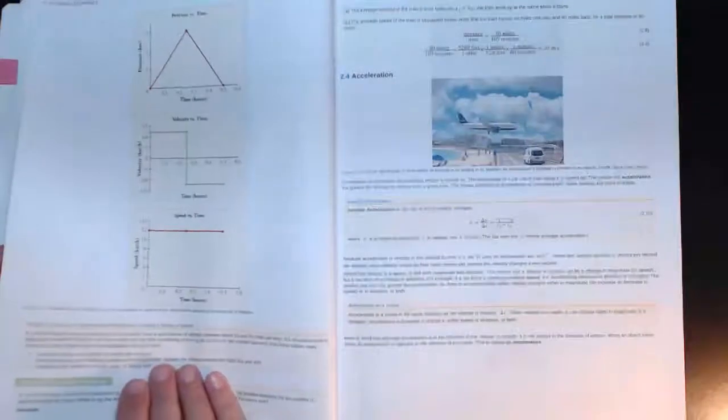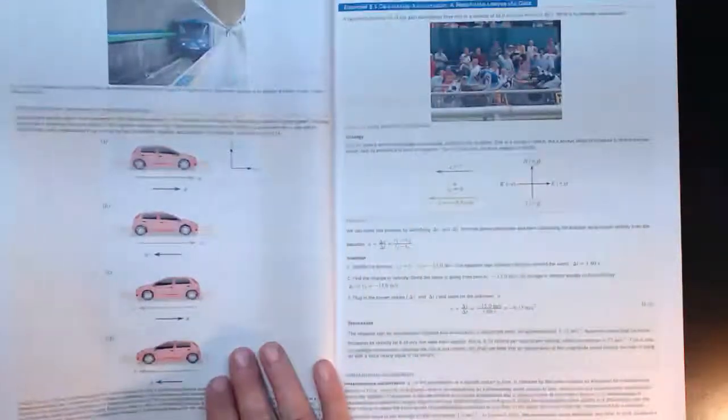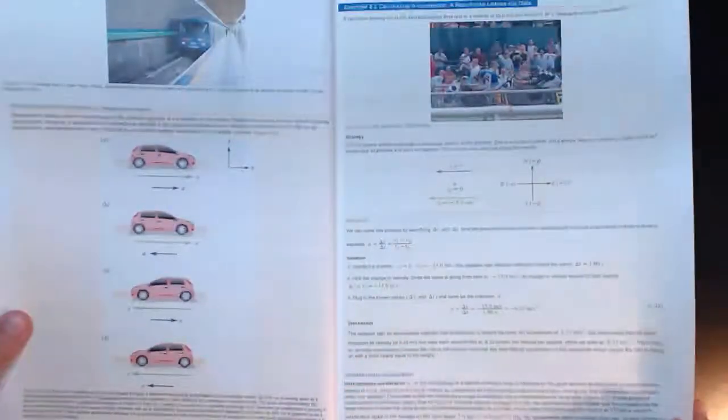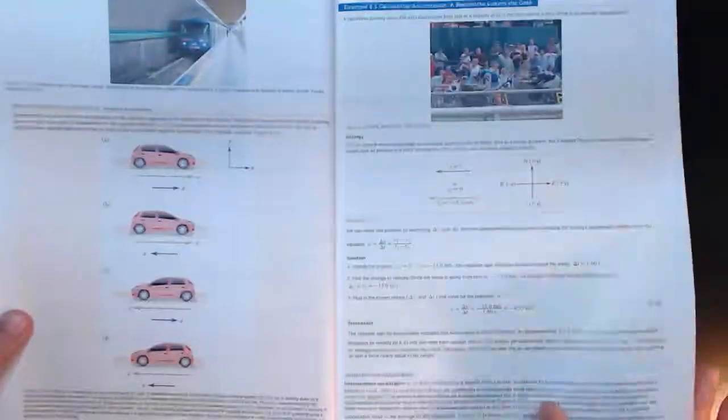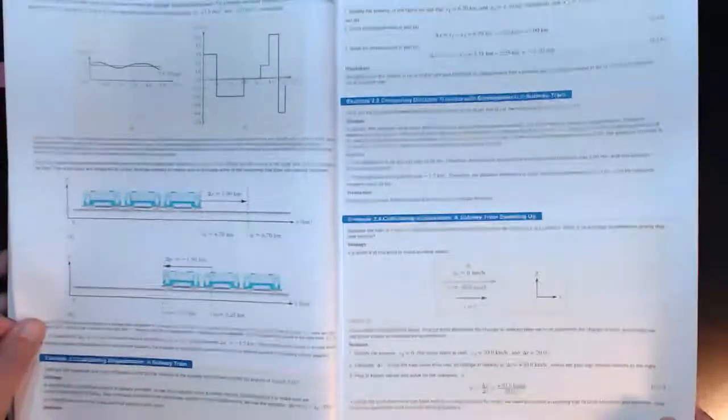So make sure you really understand the difference between velocity and acceleration. We're going to talk about graphing, position versus time, velocity versus time, and acceleration. Those are things you definitely want to have well understood.